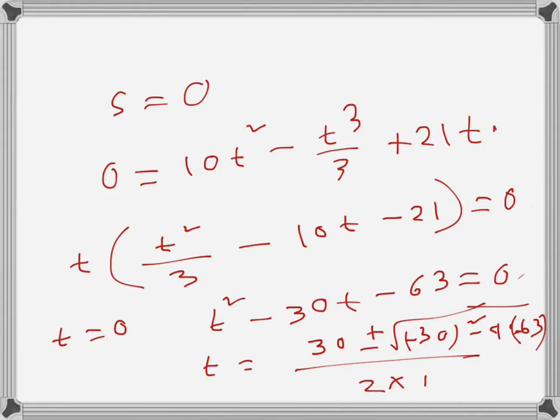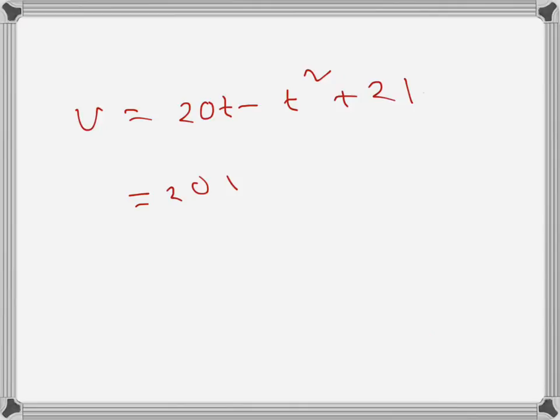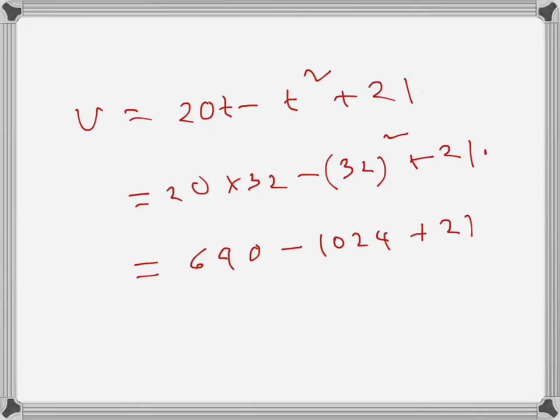We should get a negative value because the velocity is now in the other direction. So that's 640 minus 32 square, which is 1024, plus 21, so it becomes 363 and negative because of that negative sign, meter per second. So it's in the other direction, and the negative sign means that it's going in the other direction, of course.